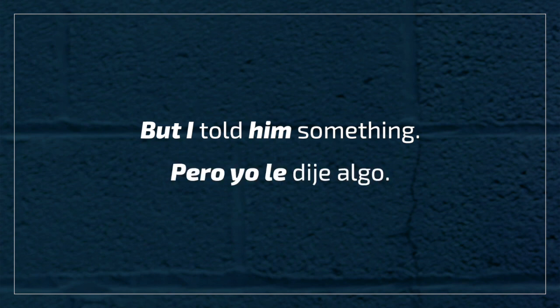Make sure that you not only know these bold words, but you also get the structure right. Here's the Spanish. Pero yo le dije algo. All right, if you got pero yo le, then you're good to go. But if you didn't put that le in the right place in the sentence, then you should probably go to Lesson 3 of Accelerated Spanish.